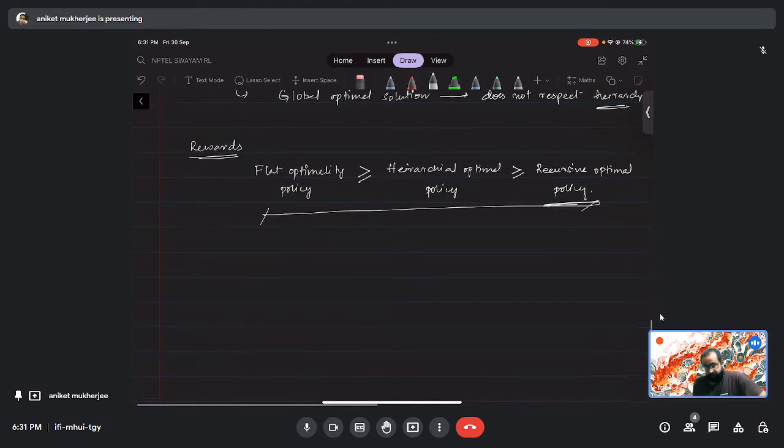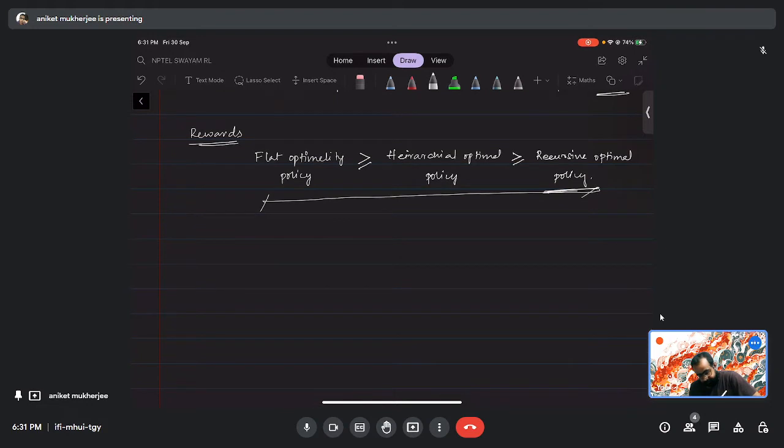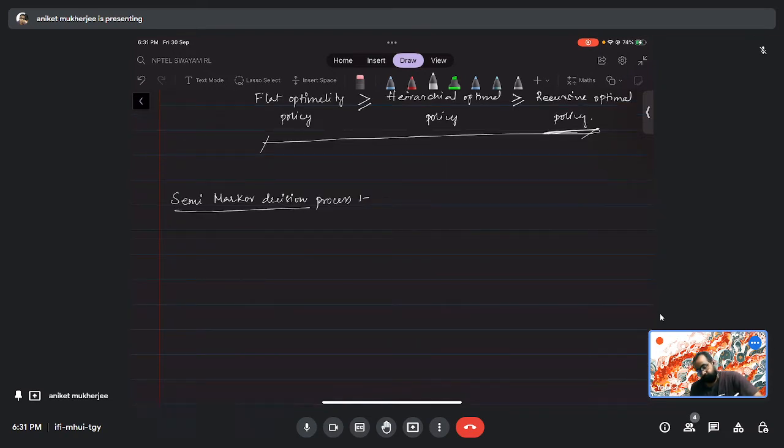So next we'll move to semi-Markov decision processes. We know about MDPs.